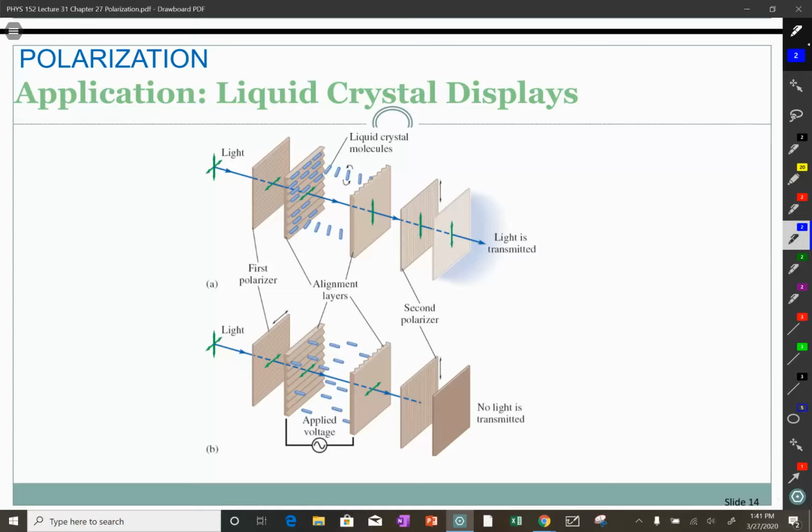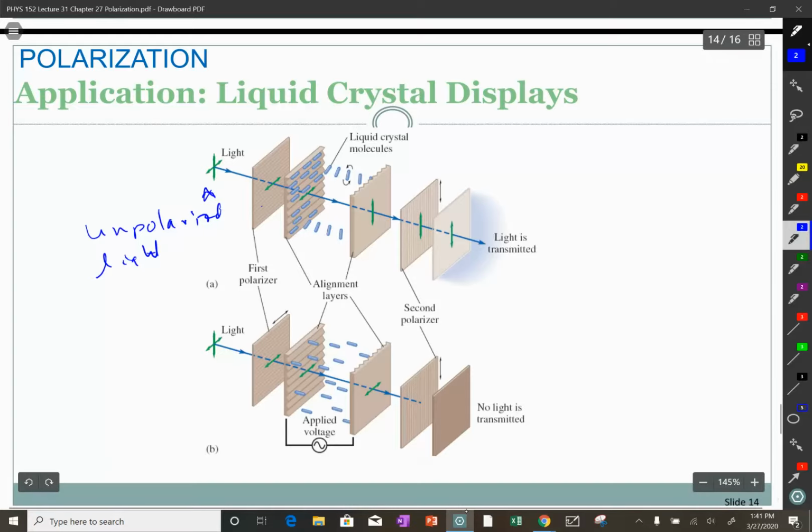But here's a very ubiquitous example as well. The liquid crystal displays like you have in your calculator or your iPhone or smartphone start with this. Here is supposed to be a picture of unpolarized light. And then the unpolarized light goes through a polarizer. So now it's polarized. Then we have the liquid crystal, which does a really unique thing.